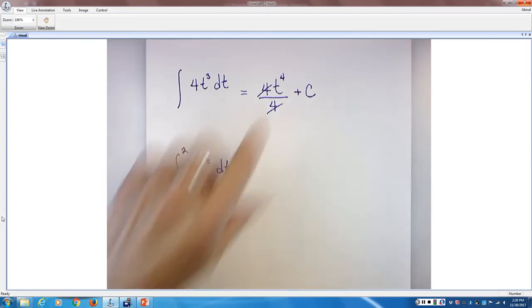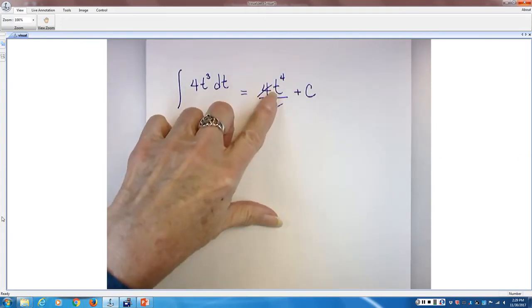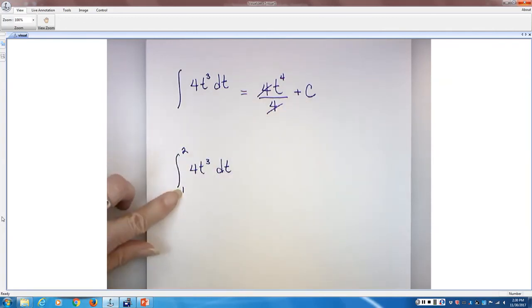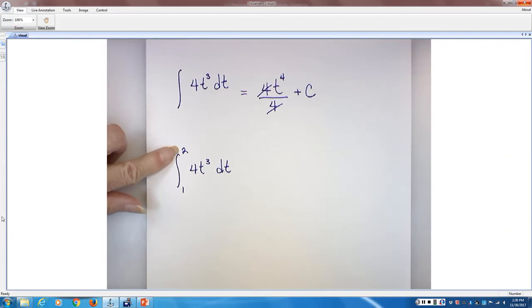But we've already seen that this function is the same function, it's only differing by a constant. And if we're going to have that same constant used when we evaluated at 1 and when we evaluated at 2, we're going to take 2 to the 4th plus the constant minus 1 to the 4th plus the constant. It's going to look like this.